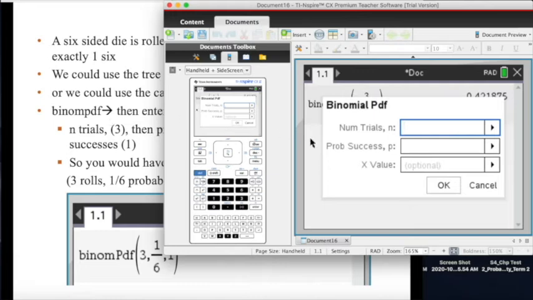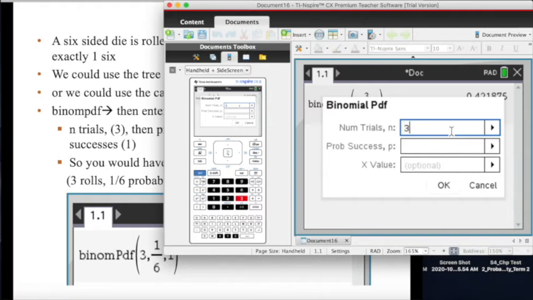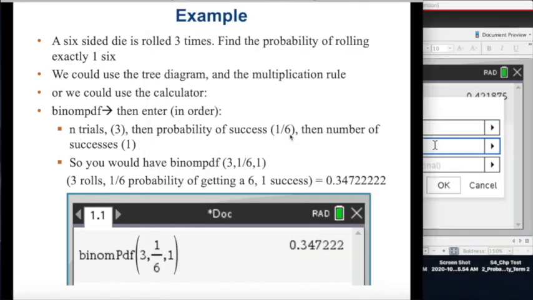Okay, and let's input the number of trials. Number of trials is 3 because the die is rolled 3 times. Next, the probability of success is of course 1 over 6. The probability of getting a 6 when the die is rolled 1 time is equal to 1 over 6.